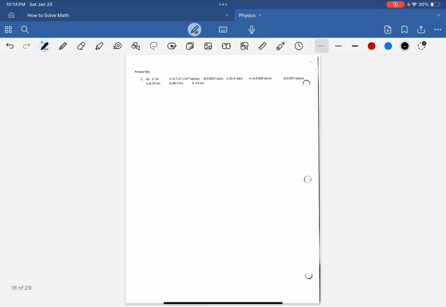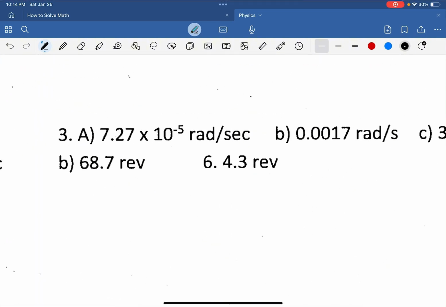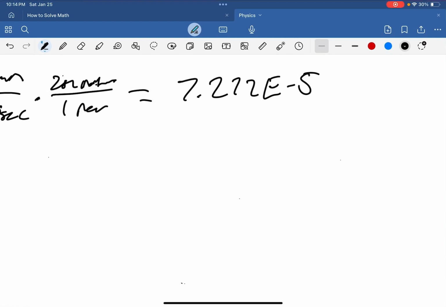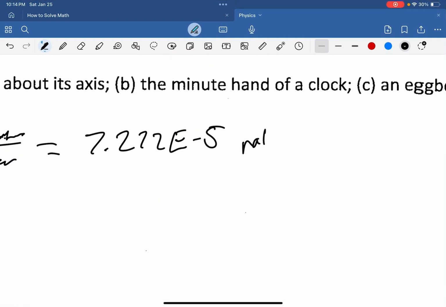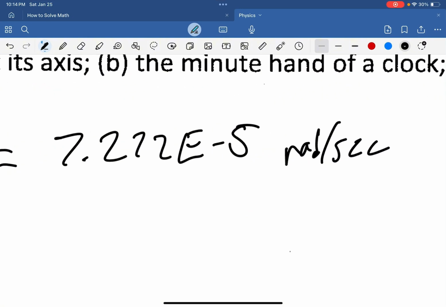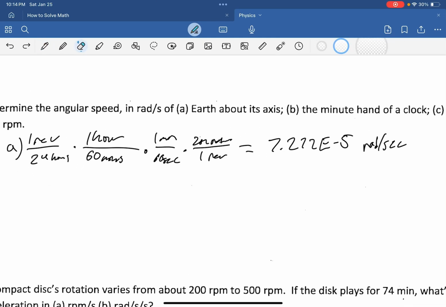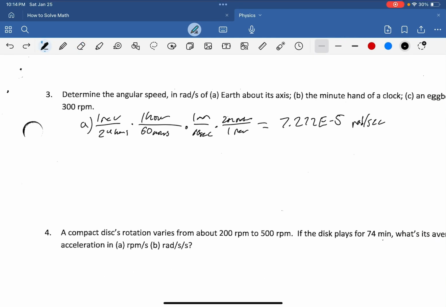Let me just go check if that's correct. Yup. Oh, I forgot my units. Come on, guys. Don't forget your units. Units are very important. Radians per second. By the way, E is just 10 to the power of, this big E, not little e. That's a whole different thing. But yeah, there's your answer.